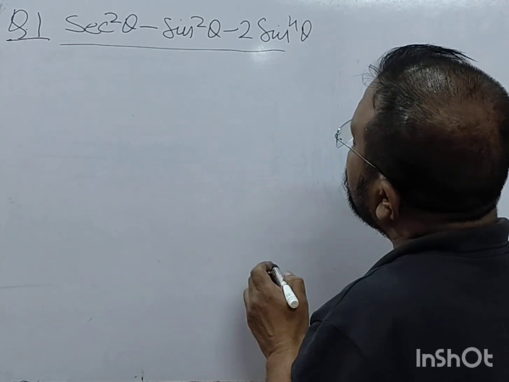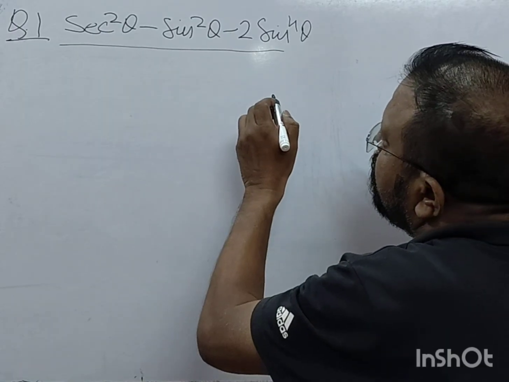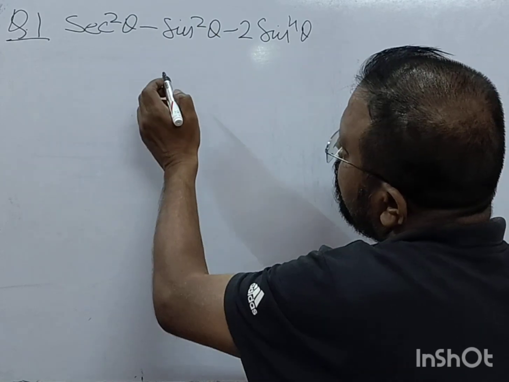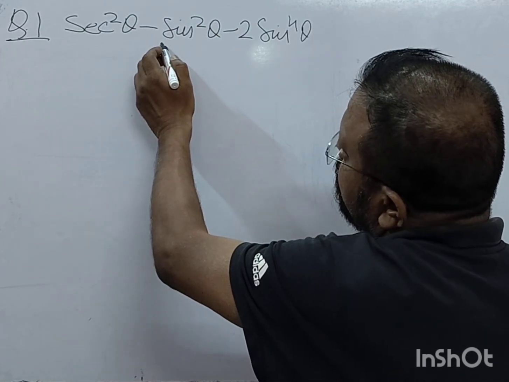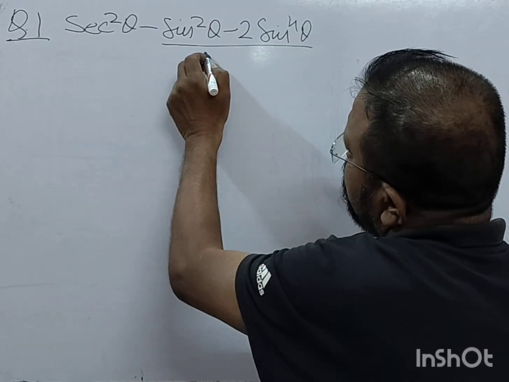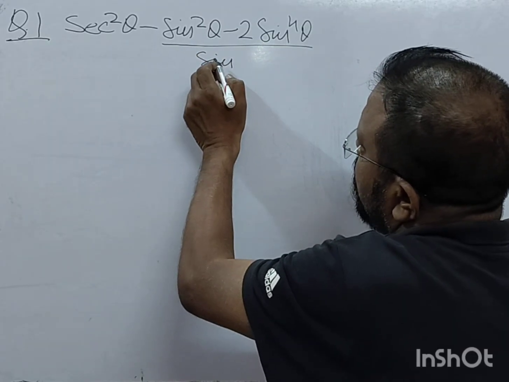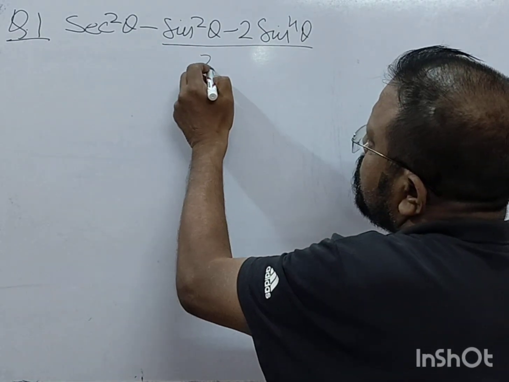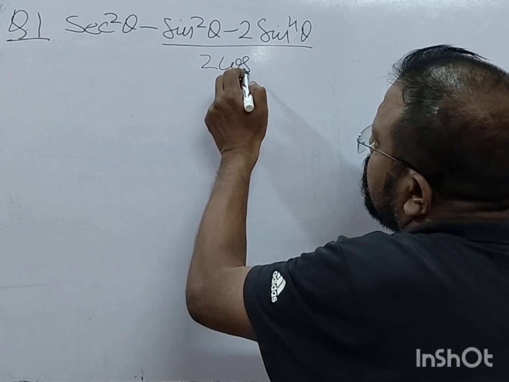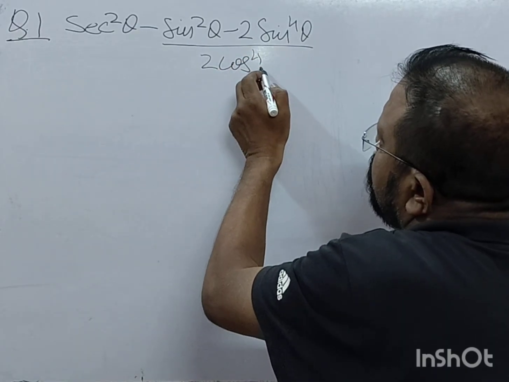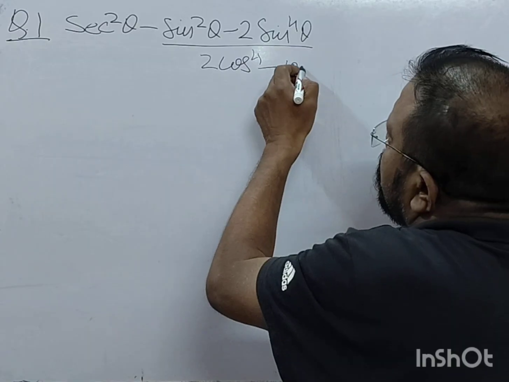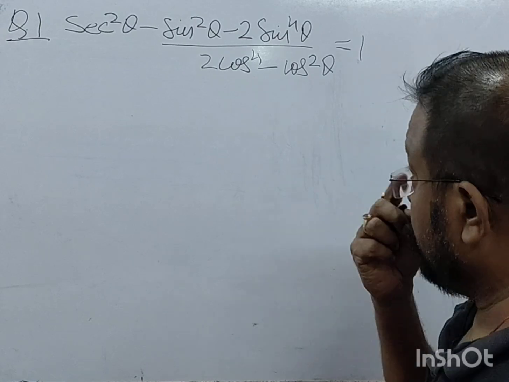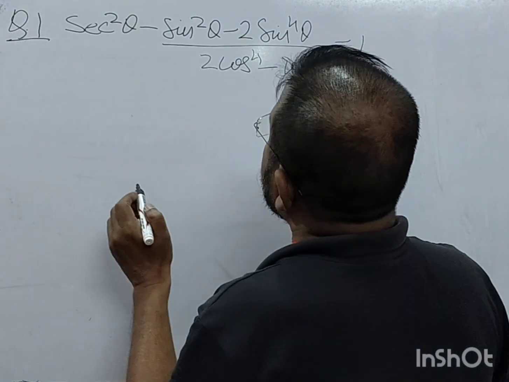Sec upon sec square theta is different. Then 2 cos theta, 2 cos raised to the power 4 theta minus cos square theta. Cos square theta is equal to 1. Is it? Okay.